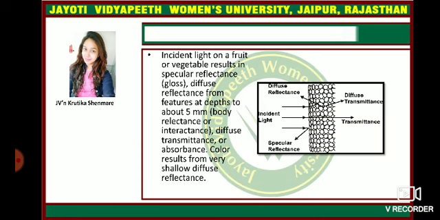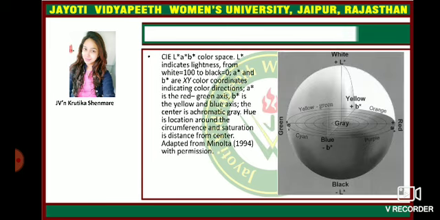The incident light on a fruit or vegetable results in specular reflectance or gloss, or diffuse reflectance from features at depth up to about 5 mm, called body reflectance or interactance. Diffuse transmittance or absorbance color results may vary from very shallow diffuse reflectance.